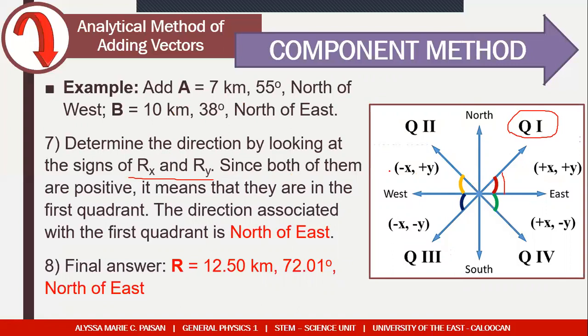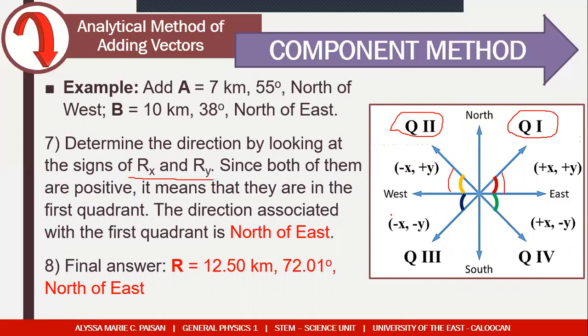And then, if your r sub x is negative, nung nag-add ka kanina, if ever, and then your r sub y is positive, it is located on quadrant 2, therefore, the direction must be north of west. Okay, ito yon, indicated by the yellow curve here.